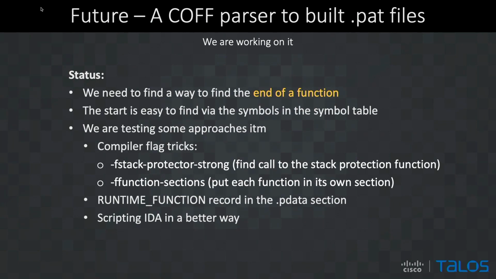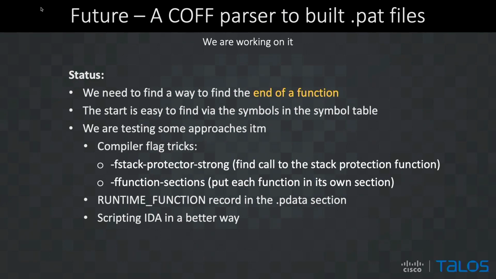I have some ideas because I'm able to compile the stuff on my own. So one is, for example, to use the fstack-protector compiler flag, or another is the function-sections one, which might give me information on where the actual function ends.